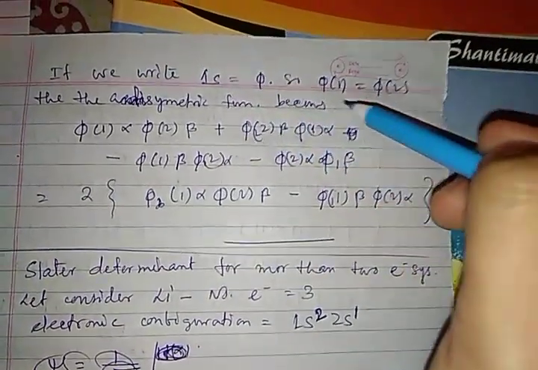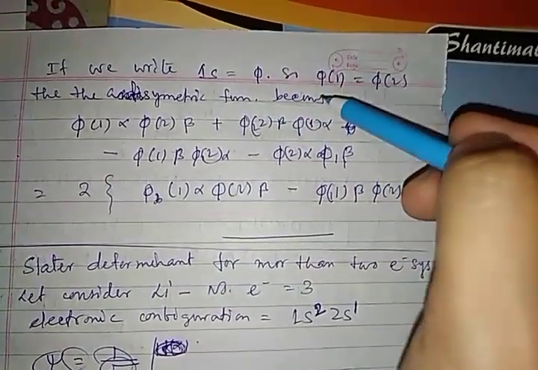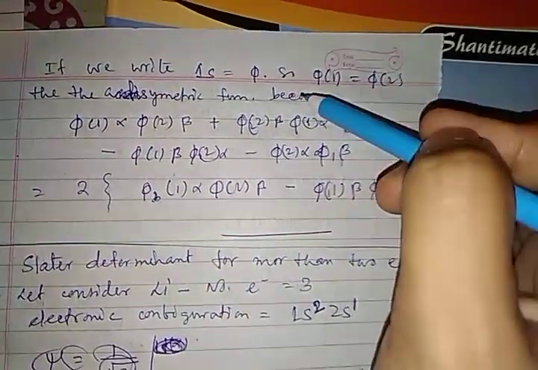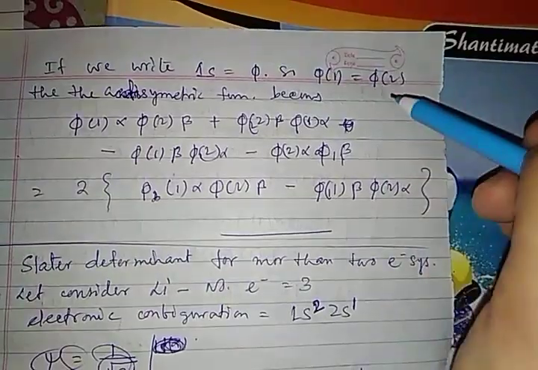So there is no ambiguity: phi 1 is always equal to phi 2.